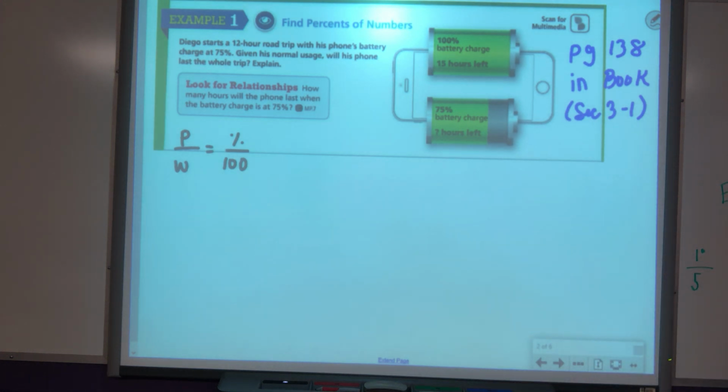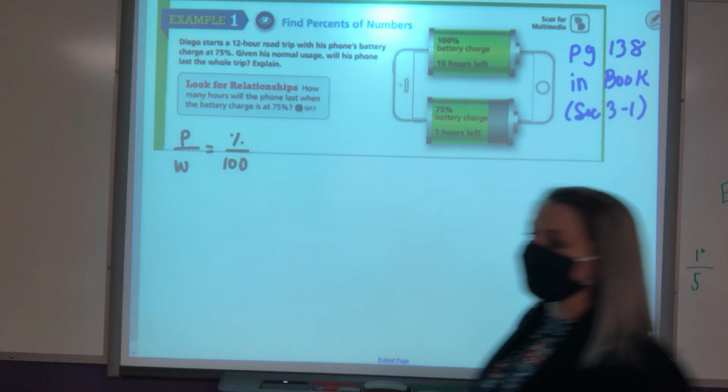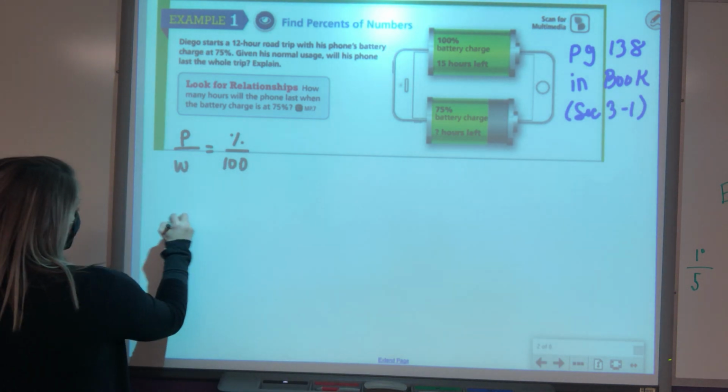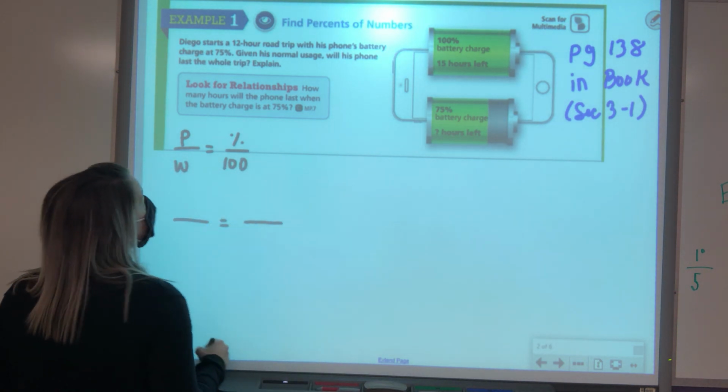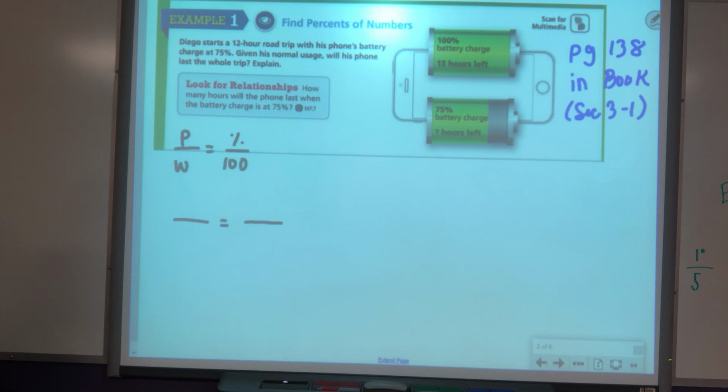So Diego starts a 12-hour road trip with his phone's battery charged at 75%. Given his normal usage, will his phone last the entire trip? So what information did the problem give you? It's a 12-hour road trip.